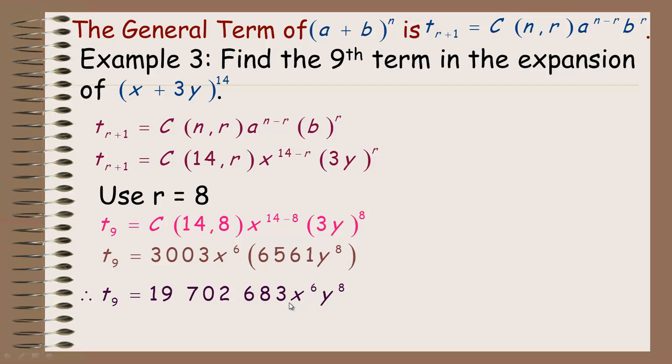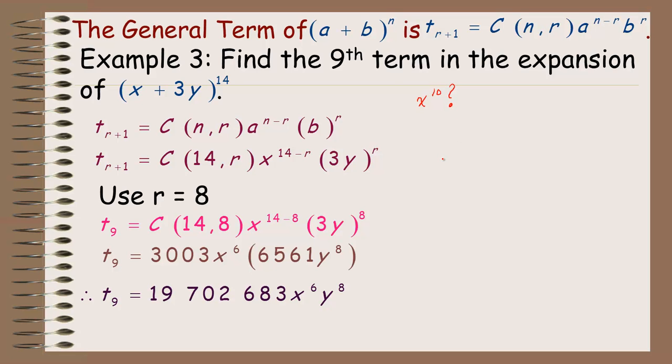Now there could be times where you're asked to find a specific term that has a specific power of x or y or whatever the variables are. So what you would do is go back to your term. So let's say you're trying to find the term that has an x to the power of 10.